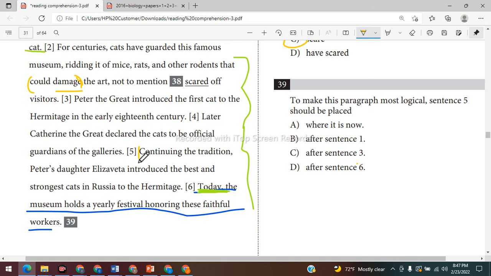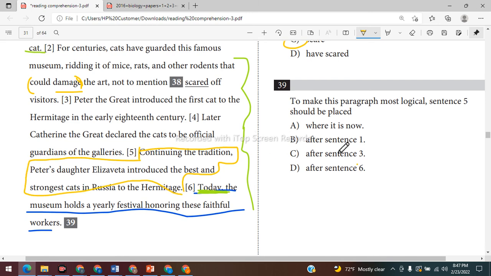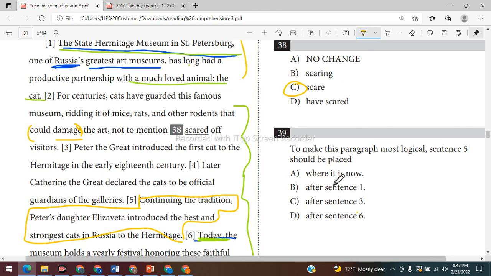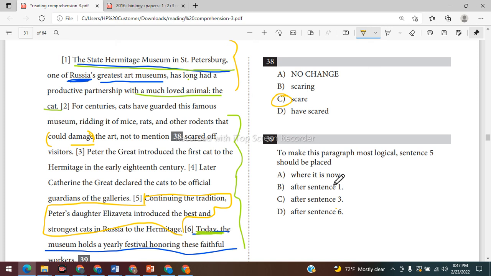So should we leave it where it is, or put it after sentence 3 or after sentence 6? C.